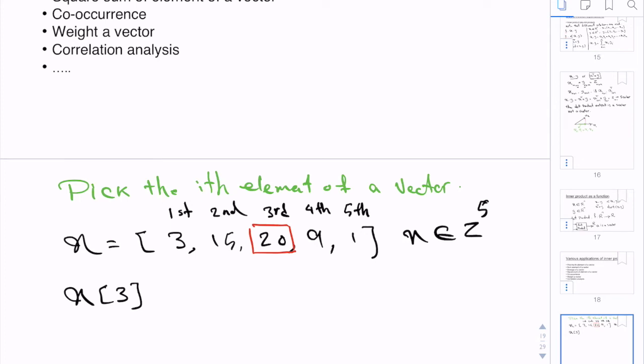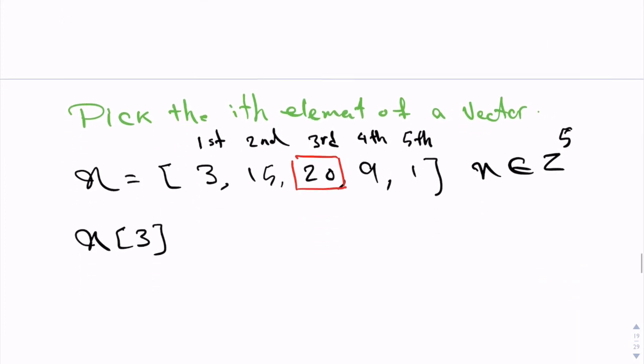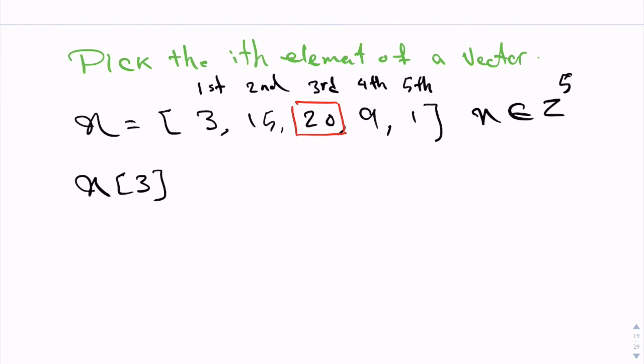We need to use unit vectors here and the dot product. So if I define a unit vector u whose elements are 0, 0, 1, 0, 0, then u belongs to R5.